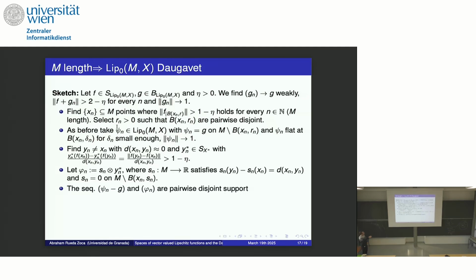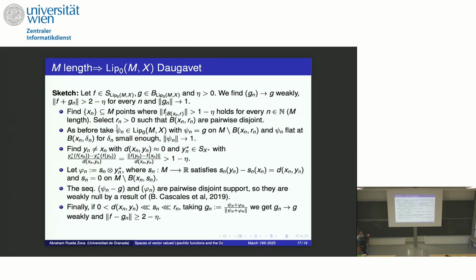And now, we take that Cn minus G and phi n are pairwise disjoint support functions by construction, because the supports of these functions belong, all of them, to the balls of center xn and radius Rn, which are pairwise disjoint by construction. And a result of Cascales et al. implies that these two sequences are weakly null because they are bounded.